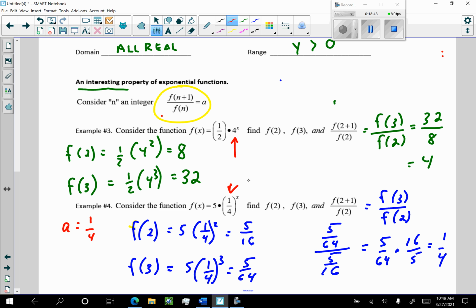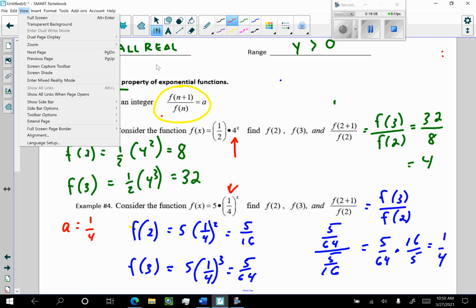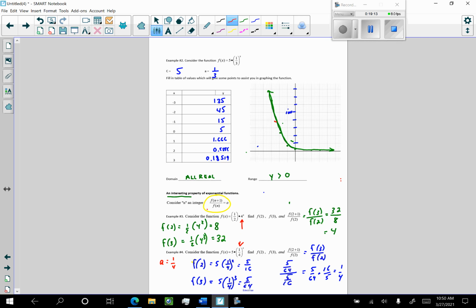Okay, very good. So that's going to be our first lesson about graphing exponential functions. I'm going to give you a couple problems to work on. And we'll talk about a couple more forms of the exponential function as we go. So let me zoom out here and get a good picture of what we're doing. We looked at this exponential, we graphed it, we came up with the table of values.